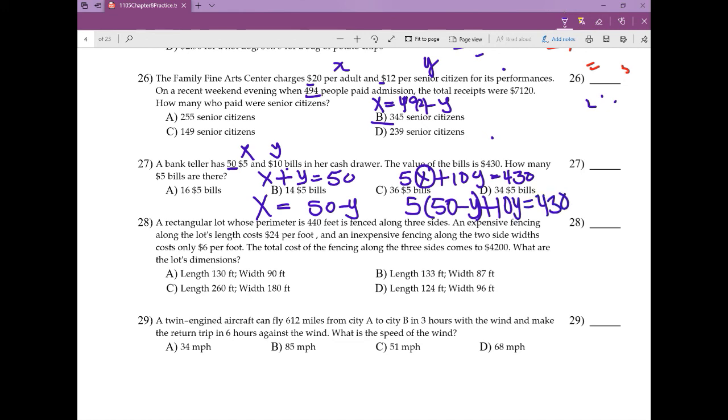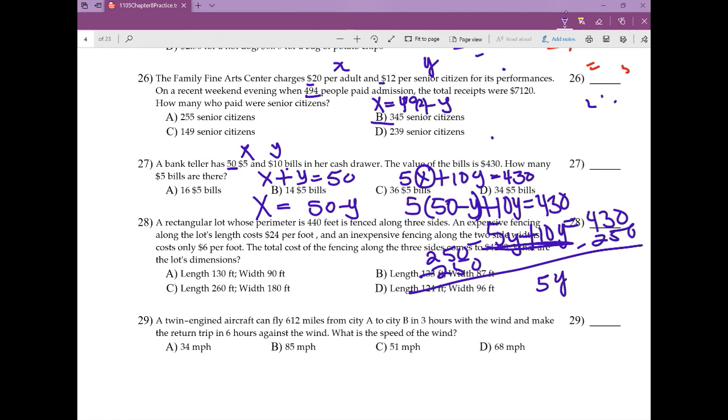And so I'm going to end up with 250 minus 5y plus 10y is equal to 430. I'm going to subtract 250 on both sides. Alright, and so this, combine those two give you 5y, and so 5y is equal to 180, and therefore y is equal to 36.